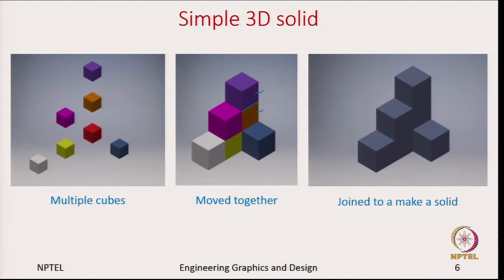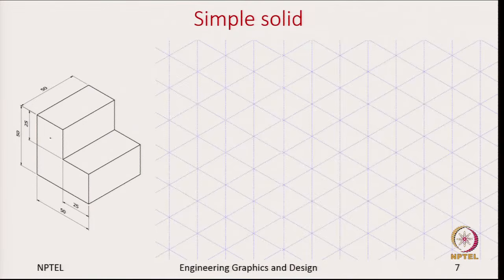So, essentially what we are saying is we can take individual cubes as building blocks and then bring them together to build a simple 3D solid or a simple object. We can use this technique to start building or drawing some simple objects on an isometric grid. So, for example, here we have this L shaped object. Now, let us see how we go about sketching this object.